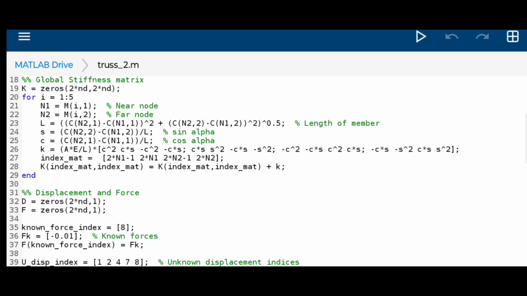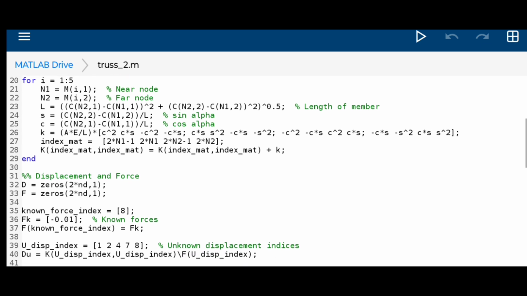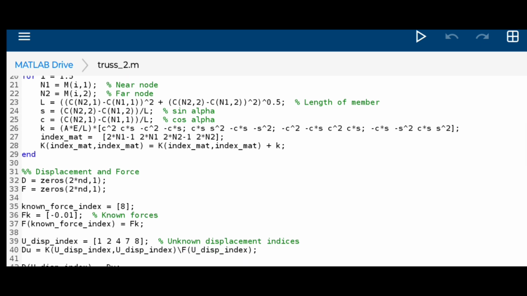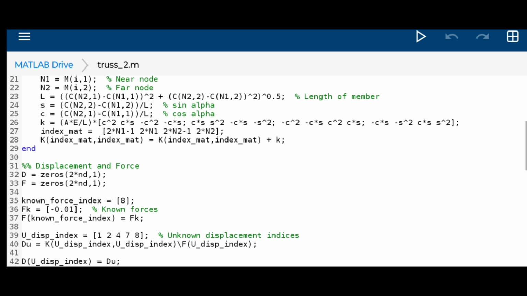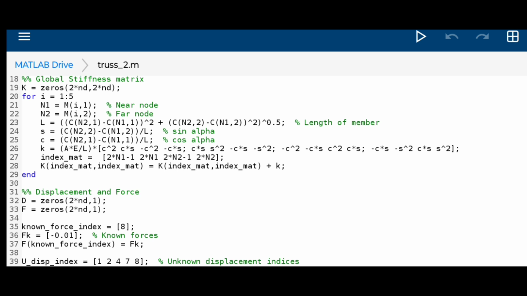Now, as you already know, this is the element stiffness matrix K, and this is how the equation looks. This is just an equation. We have got the cos values and sine values, and A and L are constants, the member properties. Now we have to get the indices where it will be updated in the global stiffness matrix.